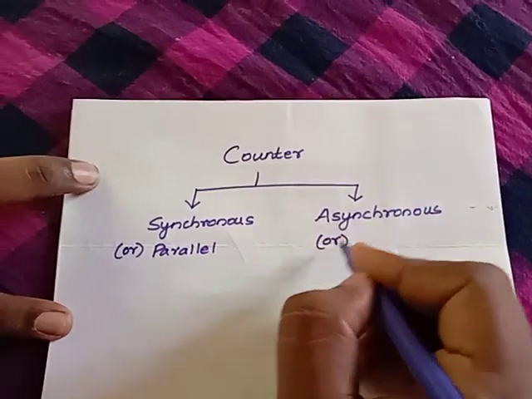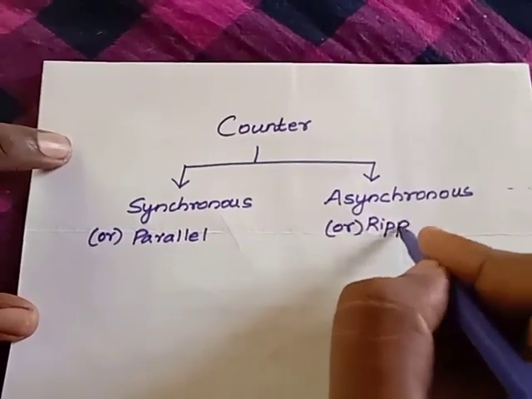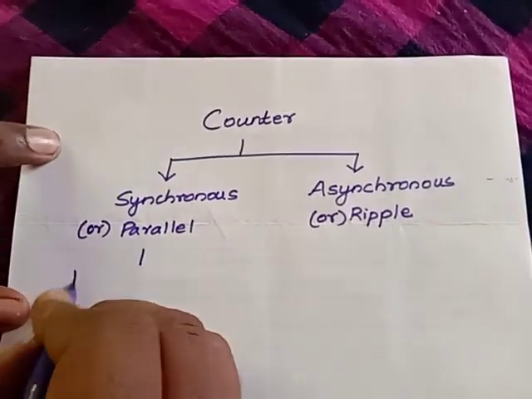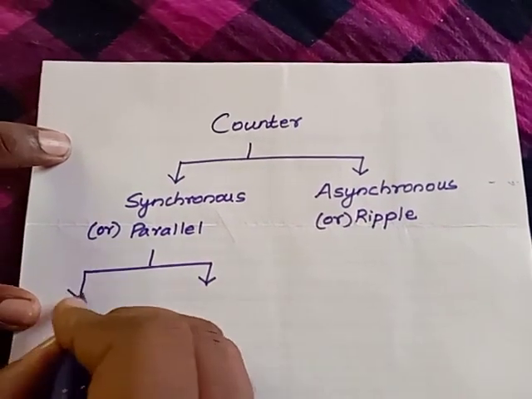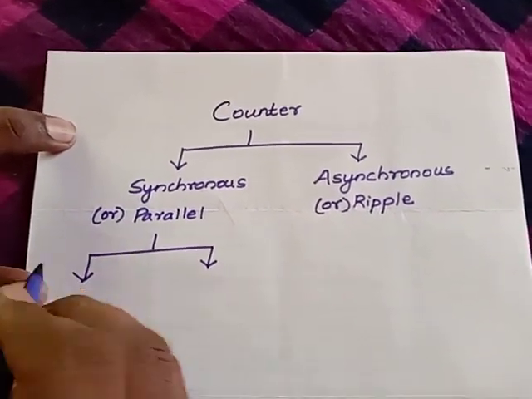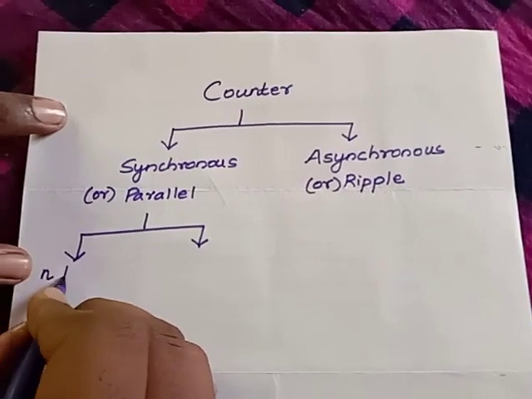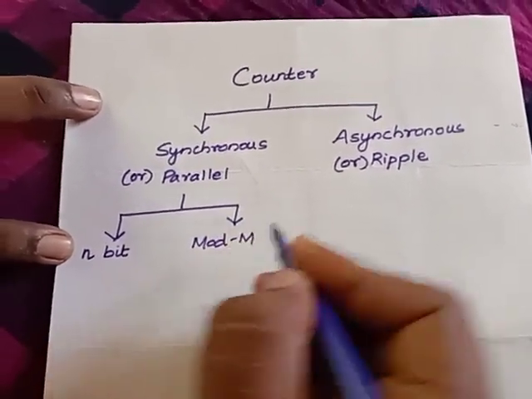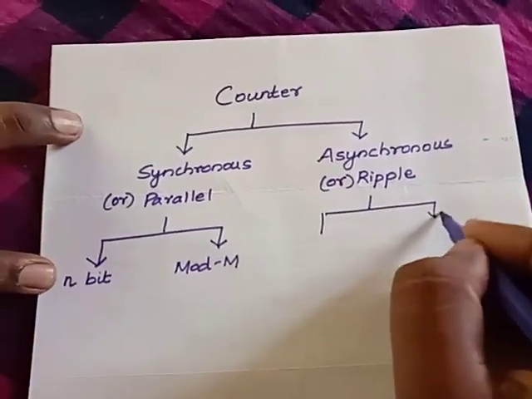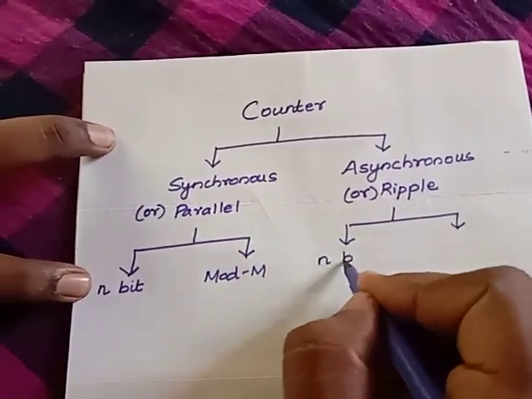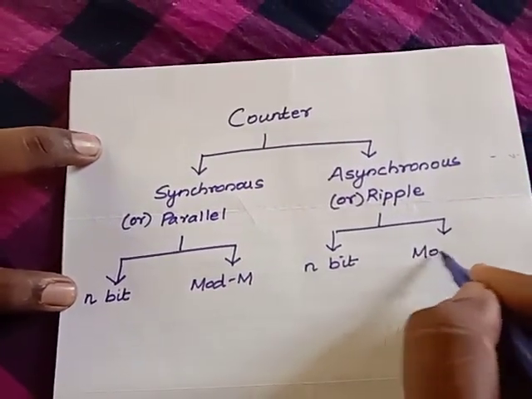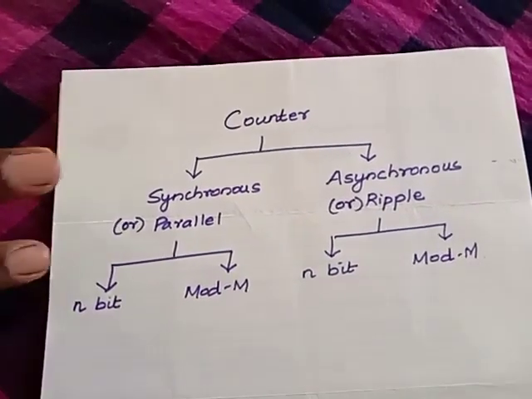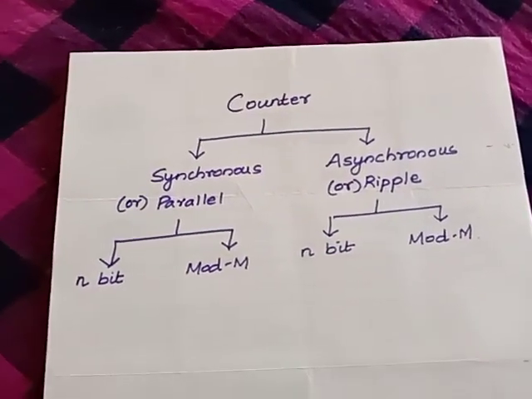The asynchronous is also called a ripple counter. Now, based on the number of states to be counted, I can divide each category as an n-bit counter or a modulus counter, or in short mod counter. Similarly, it is an n-bit counter as well as a mod counter.